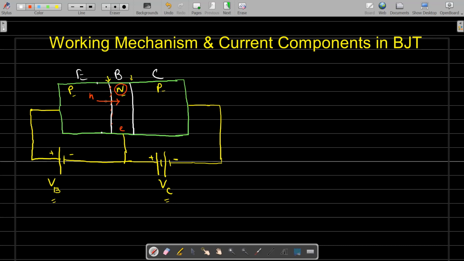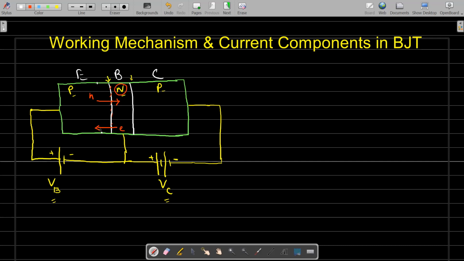When the holes enter the base region, they become the minority carrier because the majority carriers in the N region are electrons. So the holes move from emitter to base region due to the diffusion process. In the same way, the majority carrier electrons present in the base region move in the opposite direction and come to the emitter region.